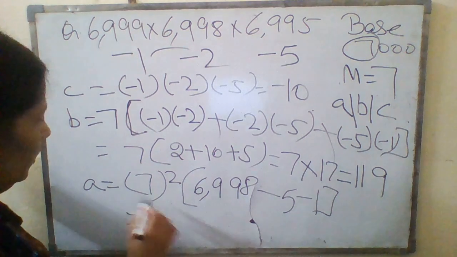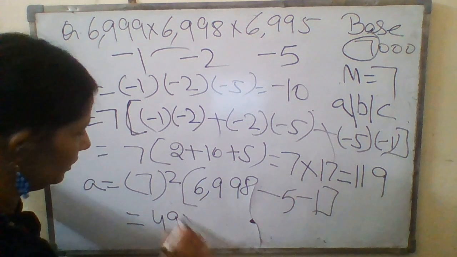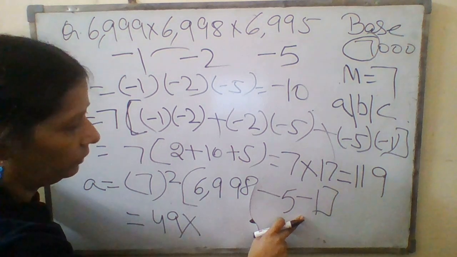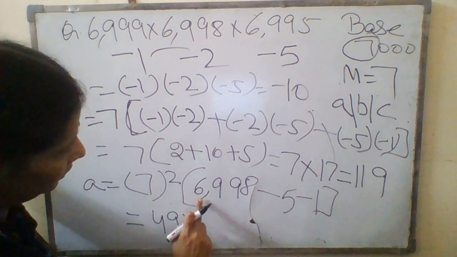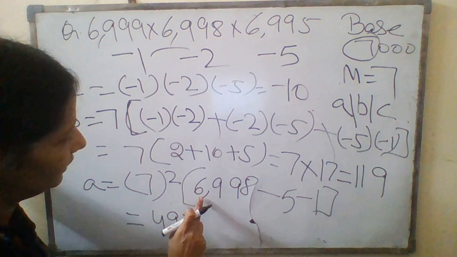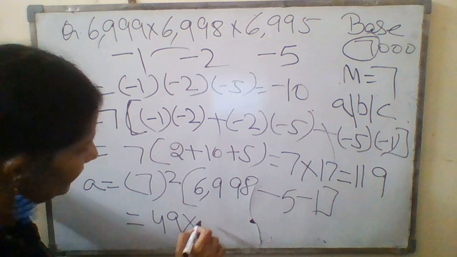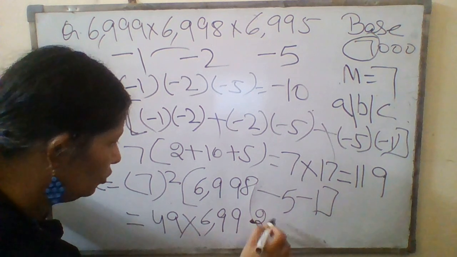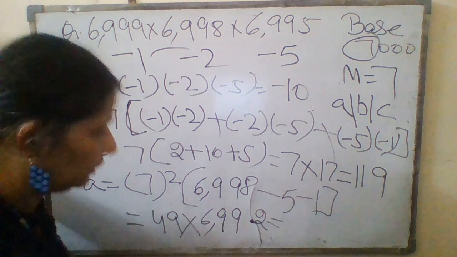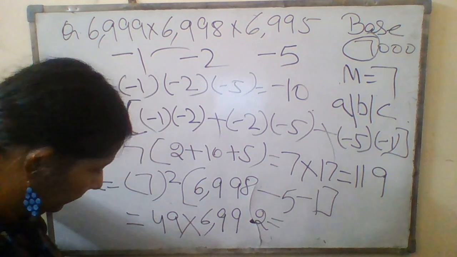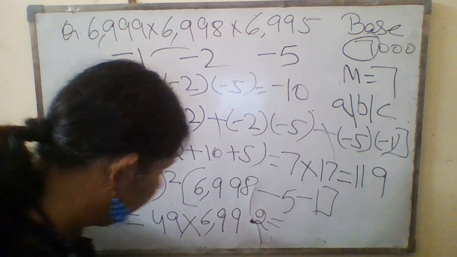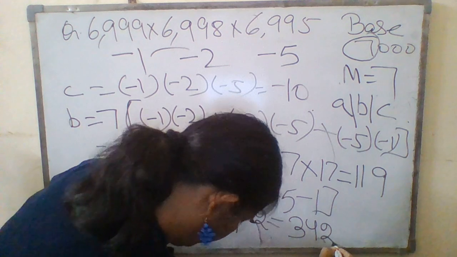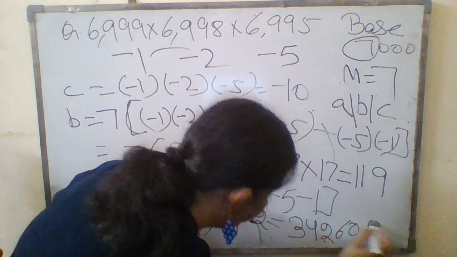So this will be equal to 7 7s are 49 into, see, minus 5 plus minus 1 will be minus 6. So you write down here 6,998 minus 6, which will be equal to 6,992. And when you solve it, I have already solved it for you. Now here you will get 3 4 2 6 0 8.